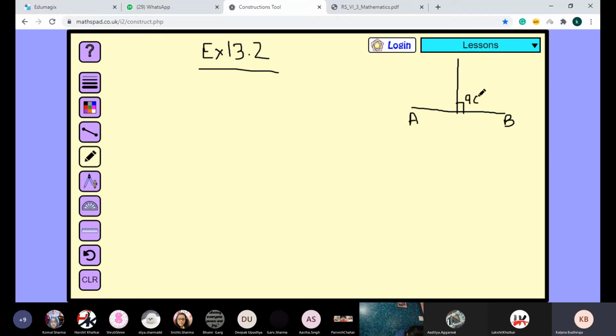Yes, all of you were doing it using the protractor. But today we are going to make this 90° angle with the help of ruler and compass.